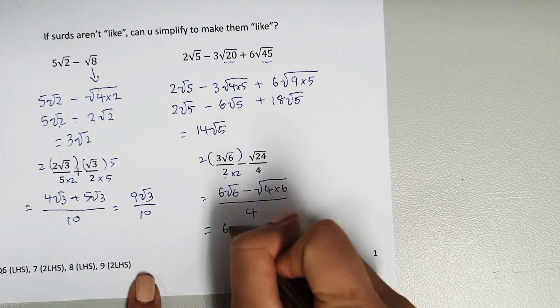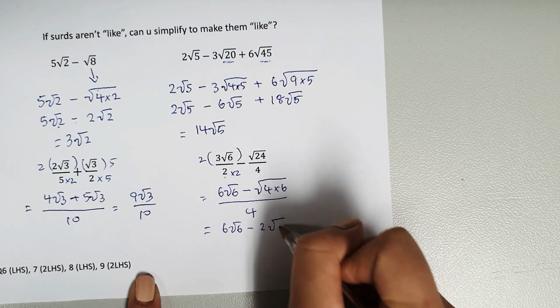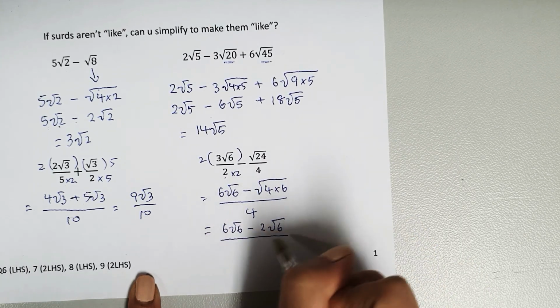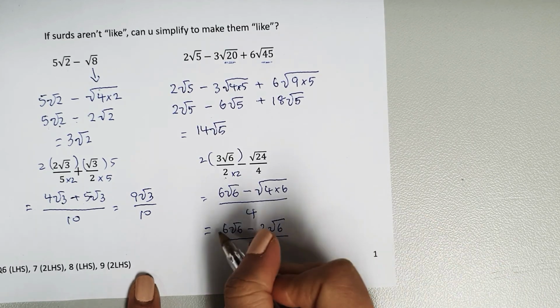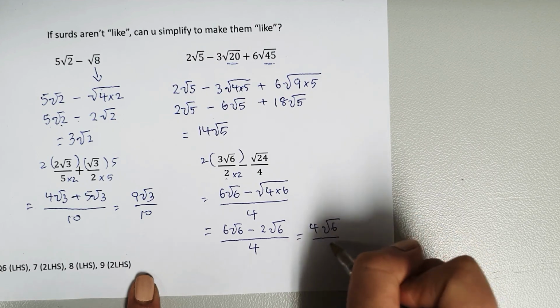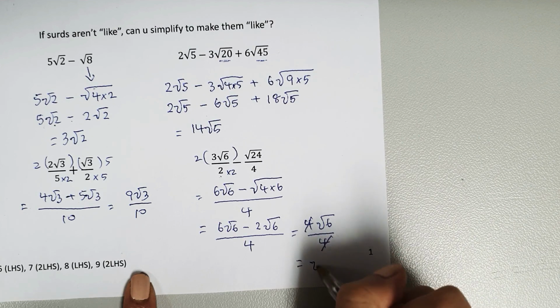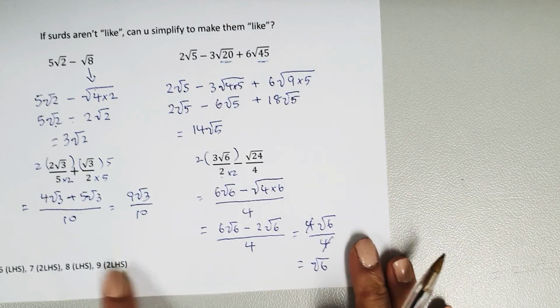And then we have 6 root 6 minus the square root of 4 is 2, leaves us with root 6, all over 4. 6 root 6 minus 2 root 6 is going to be 4 root 6 over 4, and the 4 and the 4 can cancel, and we've got root 6 as our final answer. And that's how you do it.